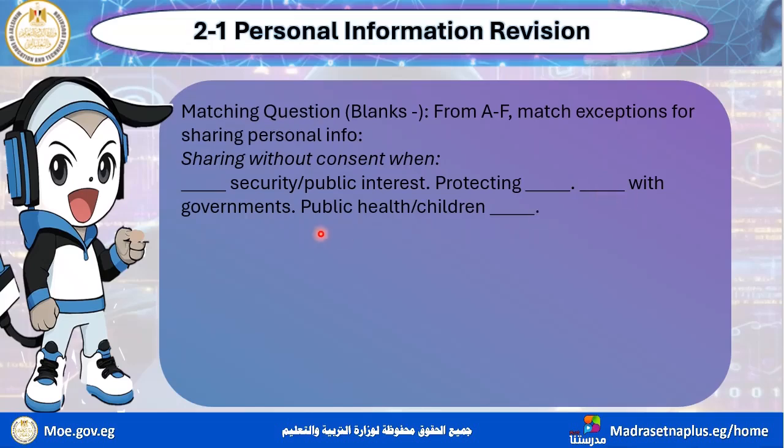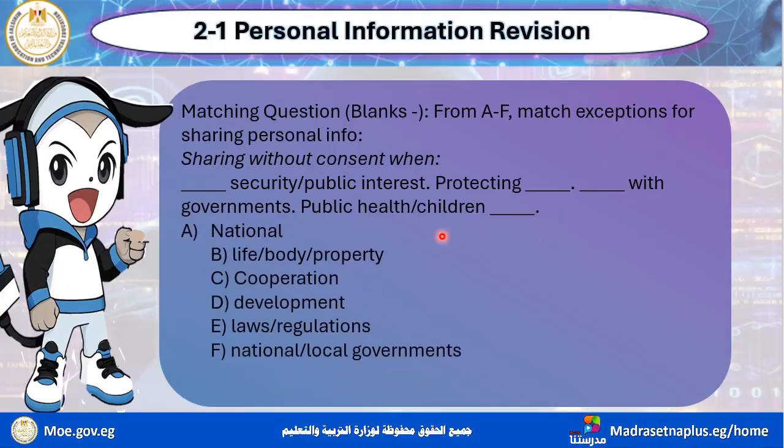What with governments and public health or children? We explained them before. So the choices are national, life body property, cooperation, development, laws and regulations, national or local governments.